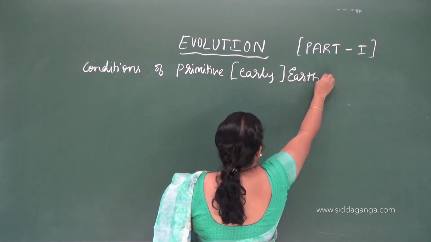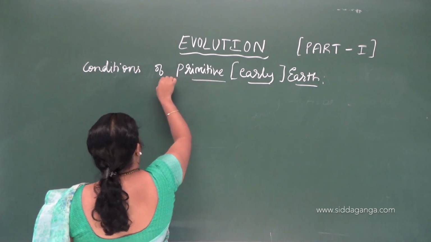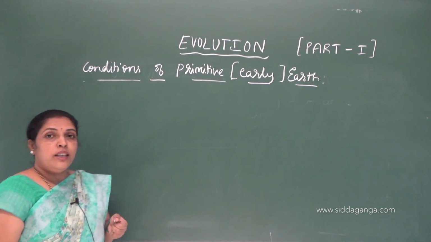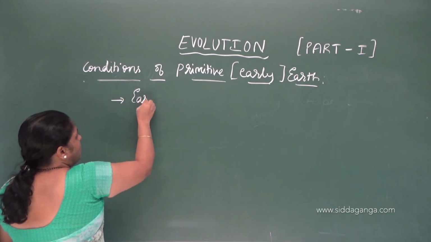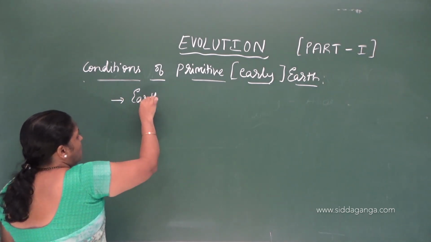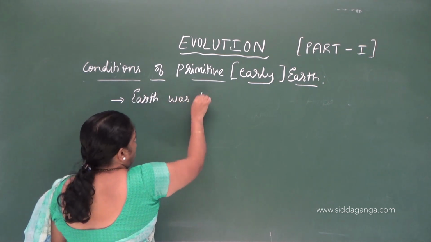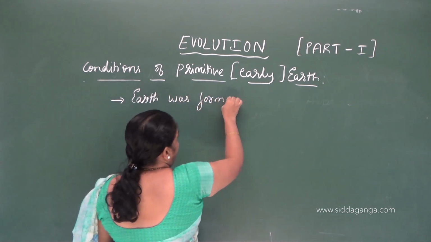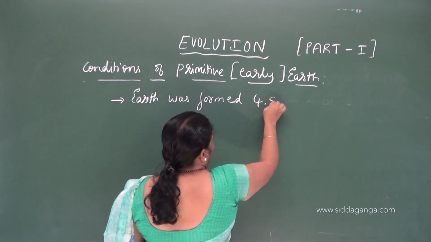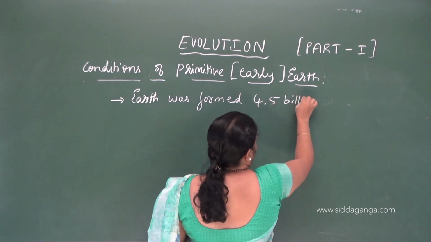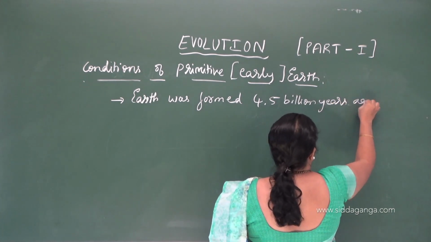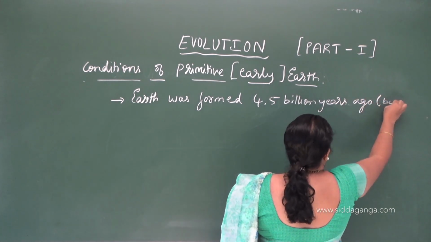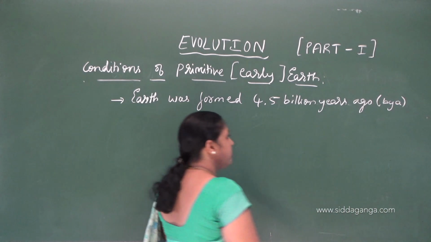Conditions of primitive Earth or early Earth. We know that Earth was formed nearly 4.5 billion years ago, BYA.